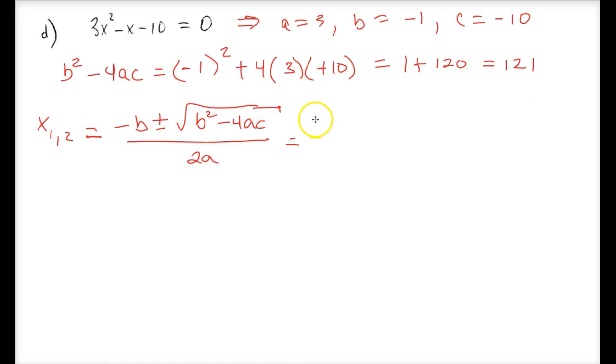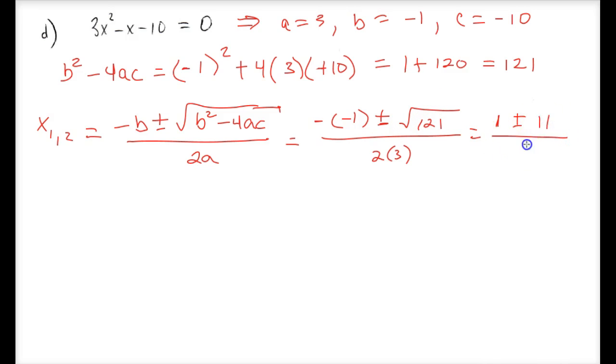We know that b is negative 1, the discriminant is 121, and a is 3. So negative times a negative is a positive. We know the square root of 121 is 11, and all that is divided by 6.